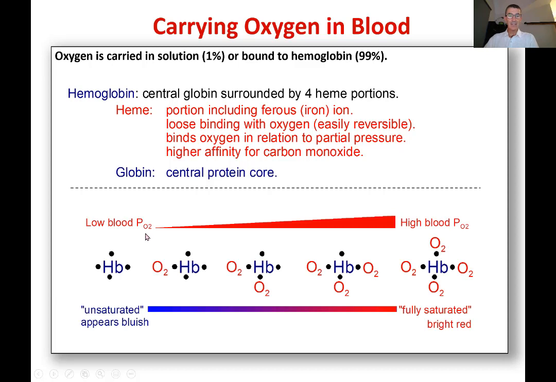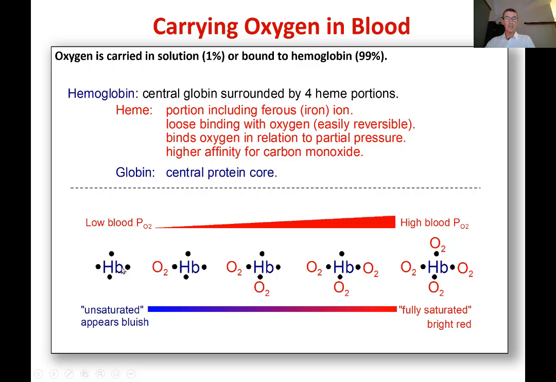So this kind of illustrates how that happens. There's the hemoglobin molecule, the central protein globin core, and the heme portions around the outside, 4 of them. As you increase the partial pressure of oxygen from a low partial pressure to a high partial pressure, each of these heme portions of the hemoglobin molecule becomes sequentially more likely to bind an oxygen molecule.